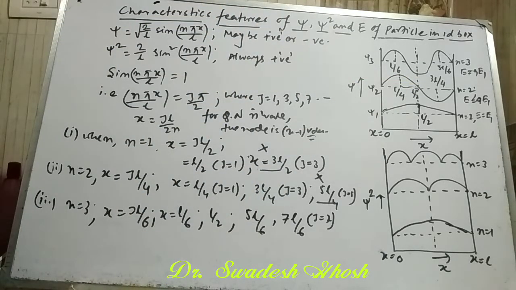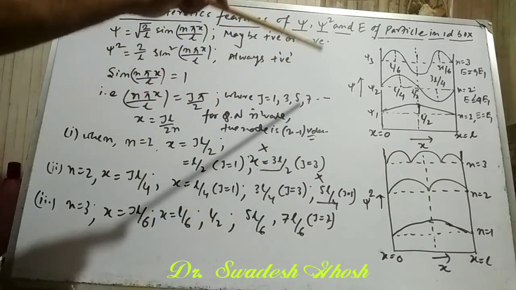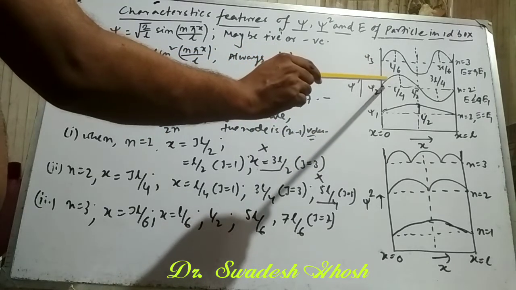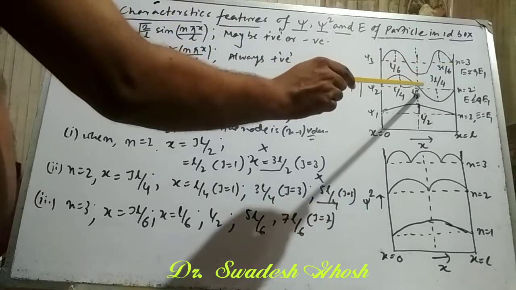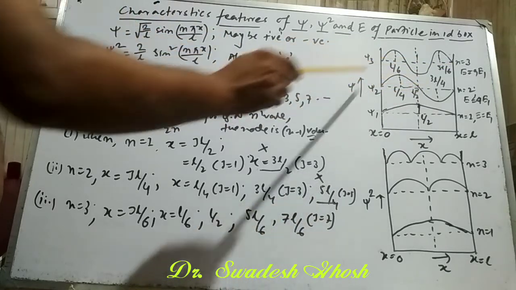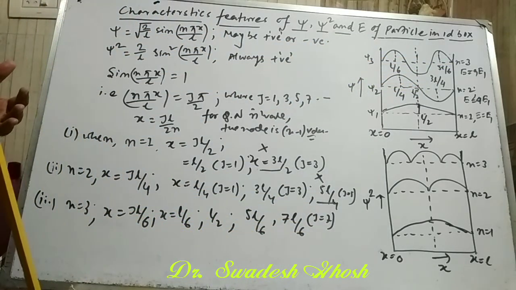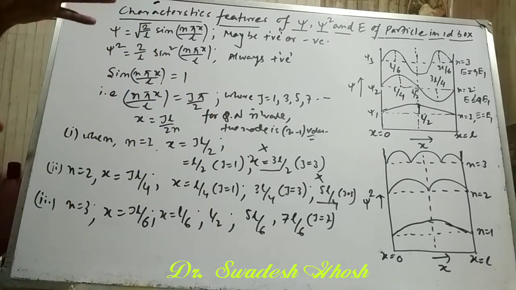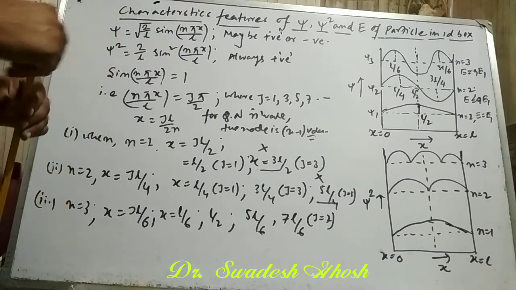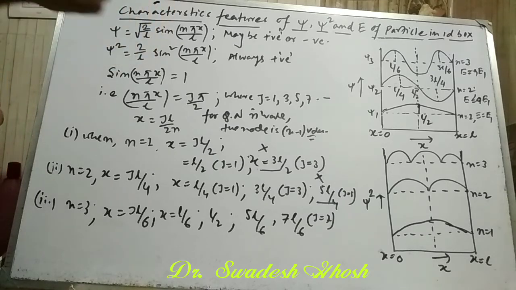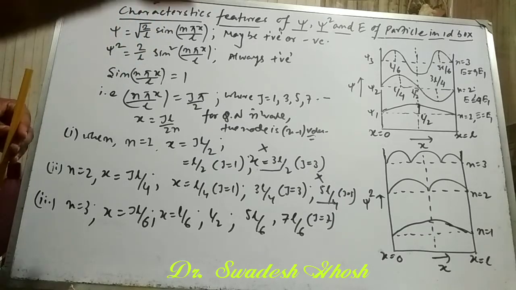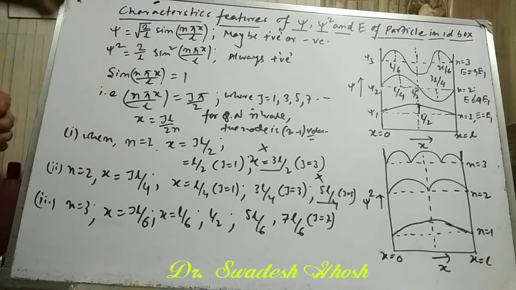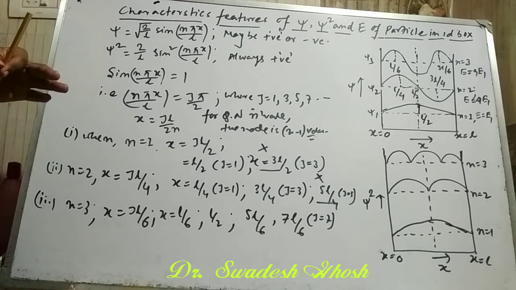Now the question arises: how can the electron travel from one side to another side without crossing the middle point? It is possible if the electron acts as a wave over the whole space. If the electron acts as a particle, it would not be possible.